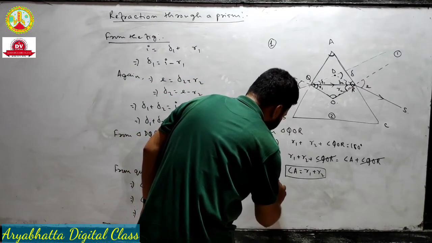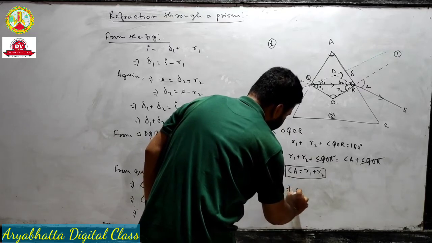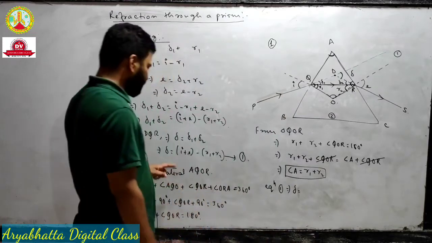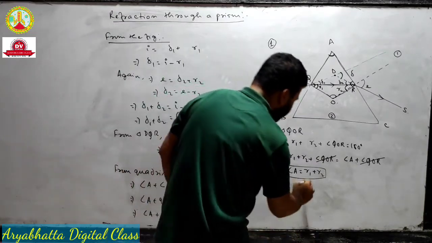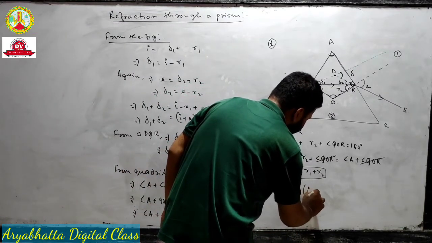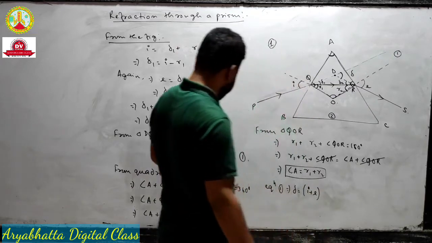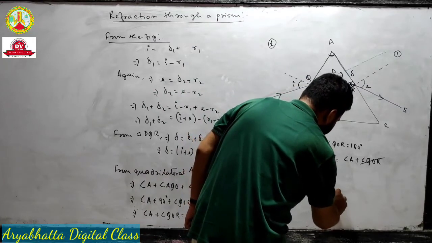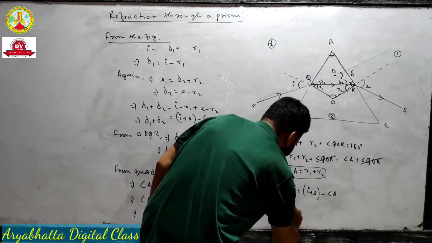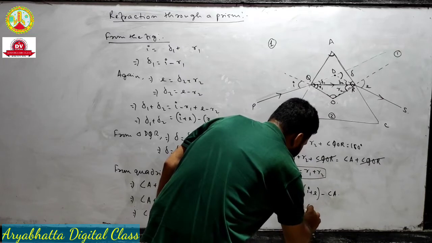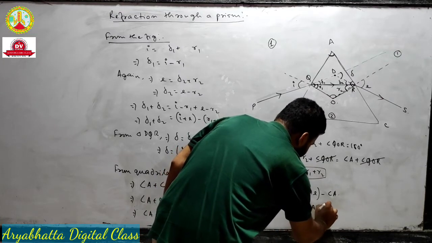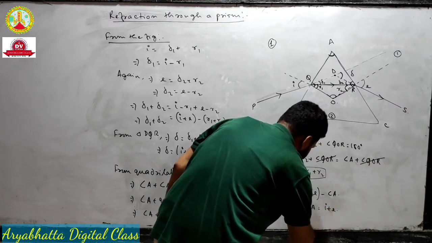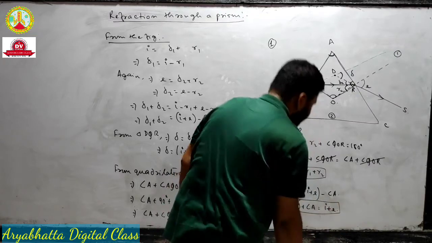So equation 1 implies delta, that is deviation, will be equal to I plus E, that is, as you already know, angle of incidence plus angle of emergence, minus R1 plus R2. What is R1 plus R2 now? This is angle A. So from here you can write delta plus angle of prism is equal to I plus E. This is a very, very important relation.